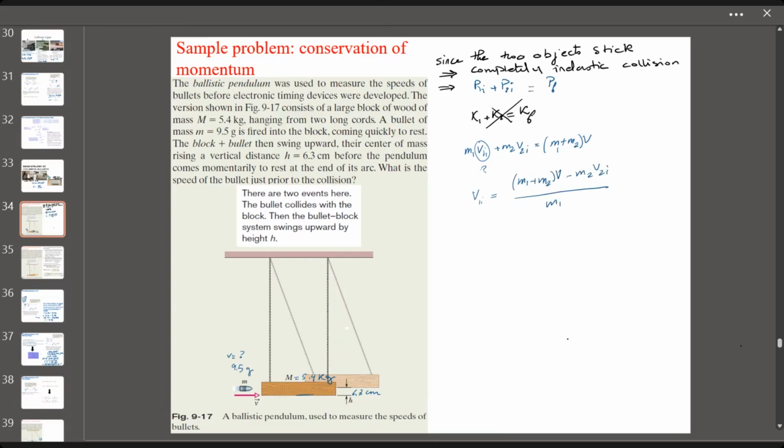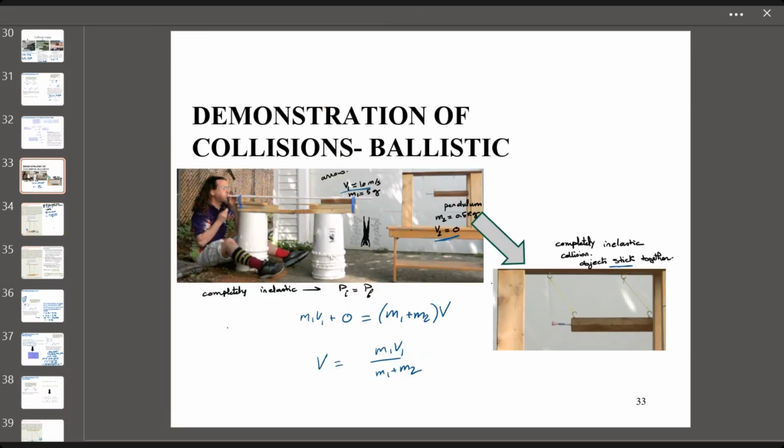Now, the very nice thing here is that the block initially was at rest. So the bullet is fired towards this stationary block and it wasn't moving. Then the system of both bullet and block lift upwards. I can also show you a simulation, by the way. This is a ballistic pendulum in action.